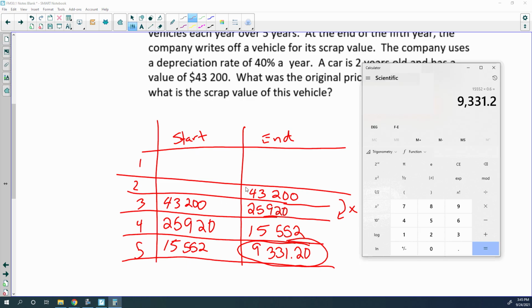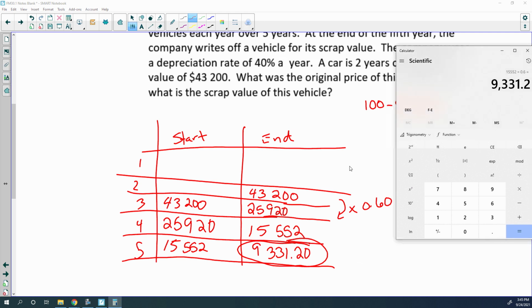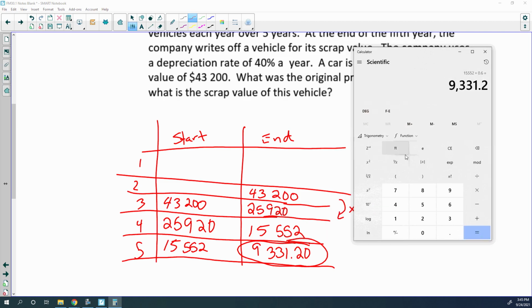But it also wants to know what we were at the beginning. So to go down, I was multiplying by 0.60. So to go backwards, I'm going to divide by the 0.60. So I'm going to start again at that 43,200. And to figure out what it was at the beginning of the year, I'll divide by the 0.60.